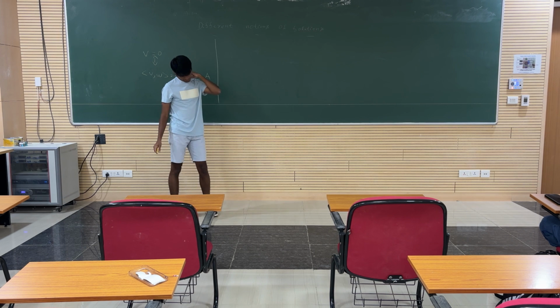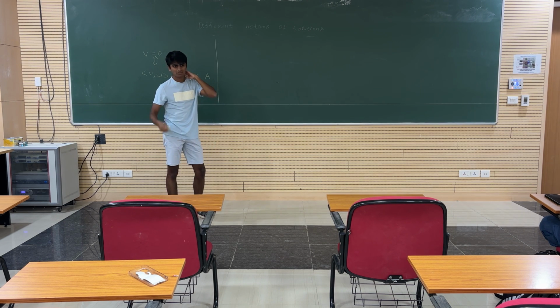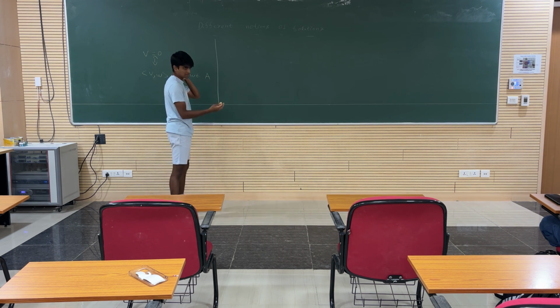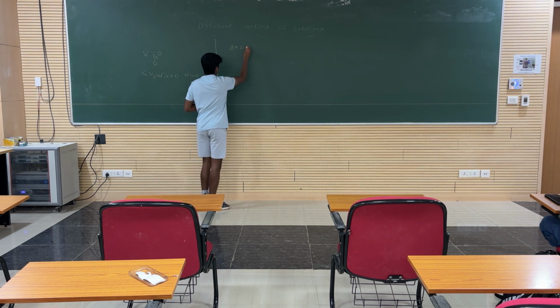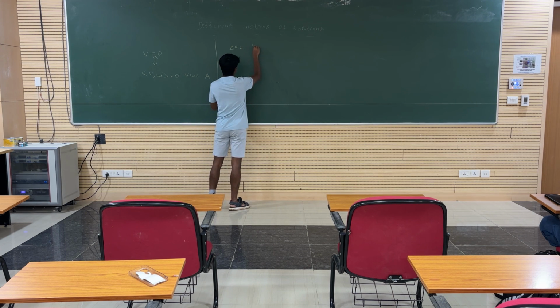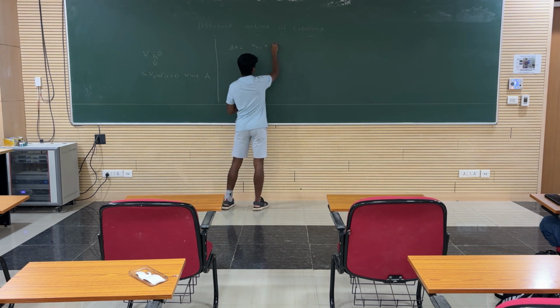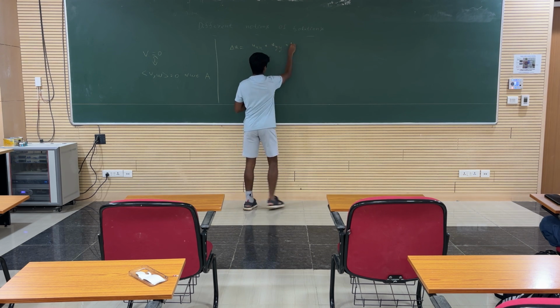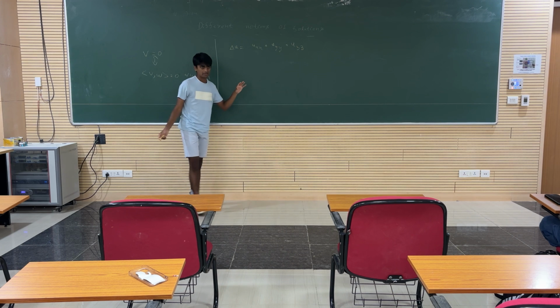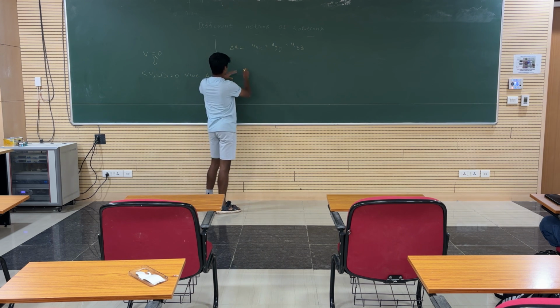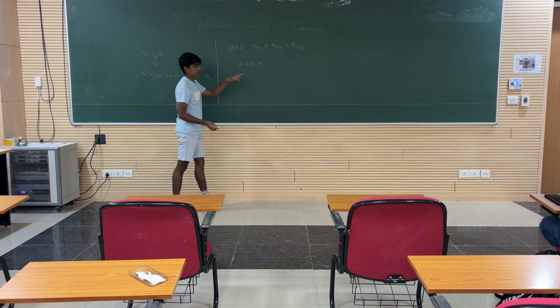So the simplest PDE that one first encounters is the Laplacian. It comes up everywhere, but I'll take it in 3 dimensions. So this is your PDE, this is the Laplacian, and you want to solve, suppose, something like this.